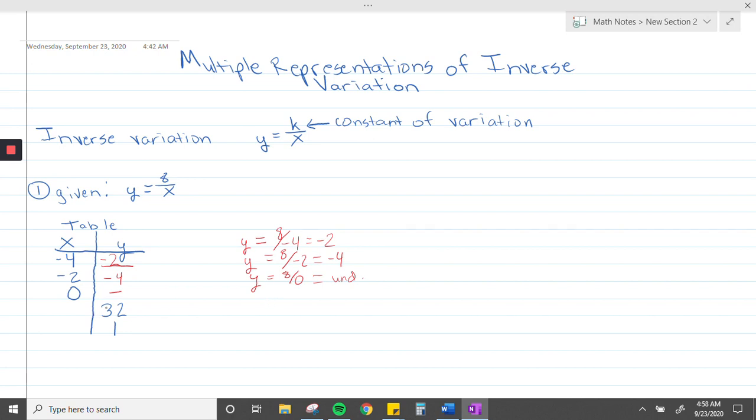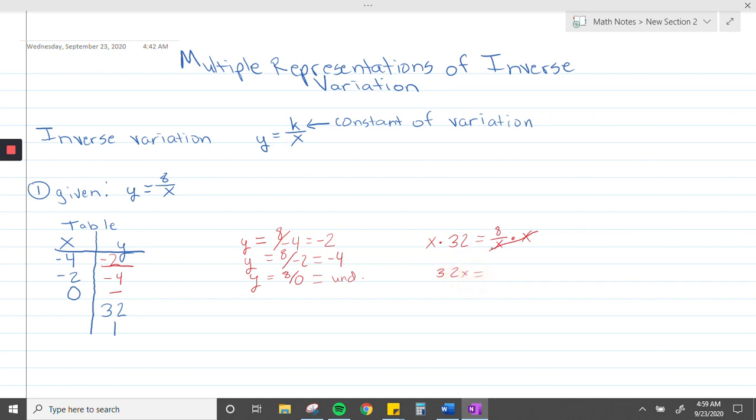Now let's try the last two parts of the table. We're given our y value. So instead of saying y equals 8 over x, I'm going to say 32 equals 8 over x. And if I want to solve for x, one way to think about it is I multiply x times both sides of the equation so that I can get rid of that fraction and cancel out. And x times 32 equals 32x.